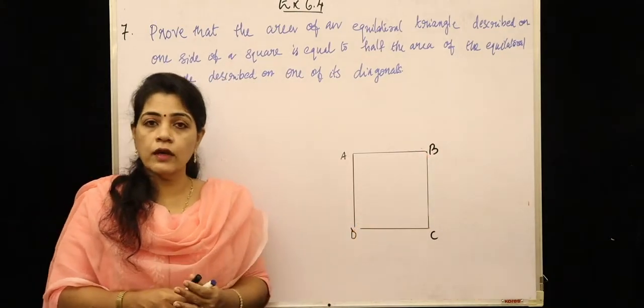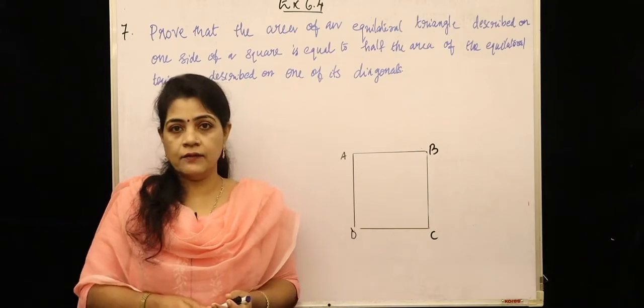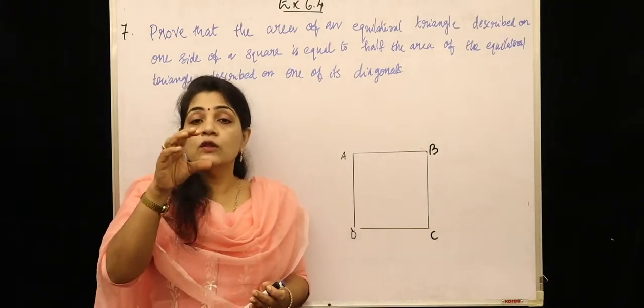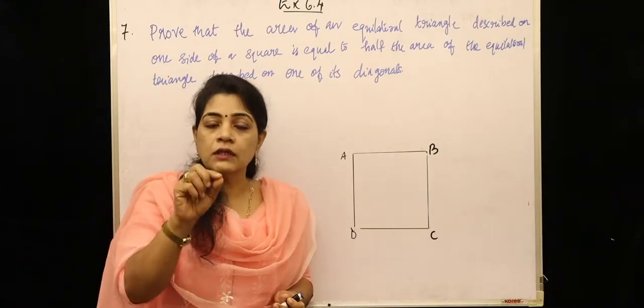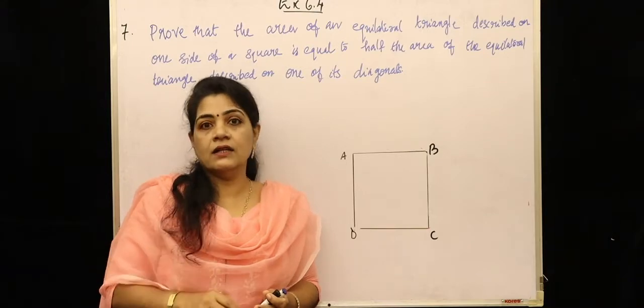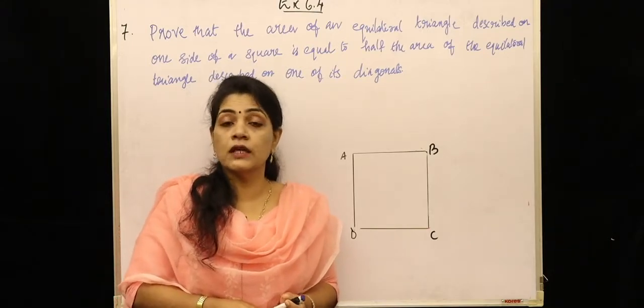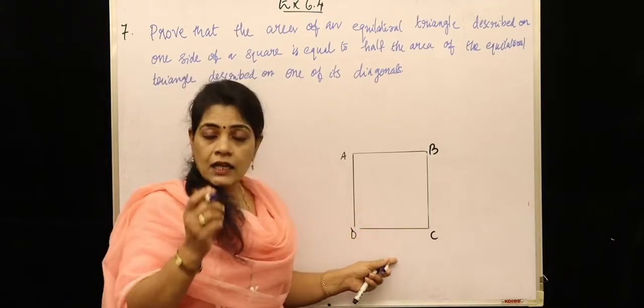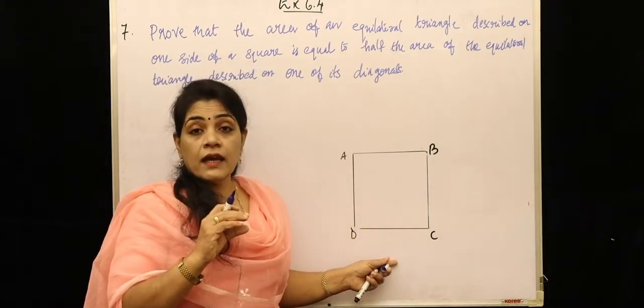We know that a square has two diagonals. So another equilateral triangle must be drawn with one side equal to the diagonal of the square. That is the condition. So first we can draw these two equilateral triangles. Here we have an equilateral triangle with the side BC.